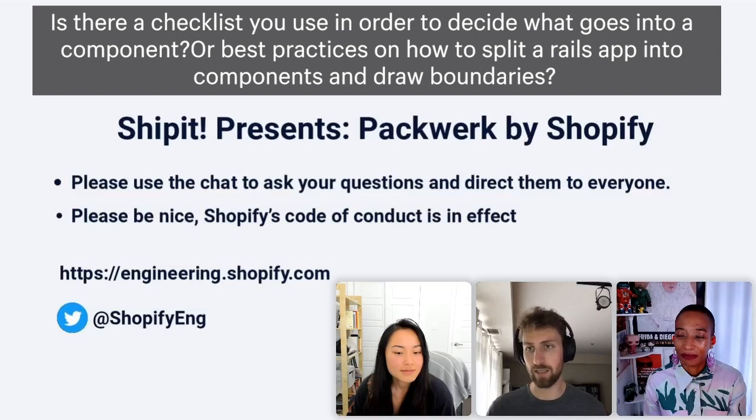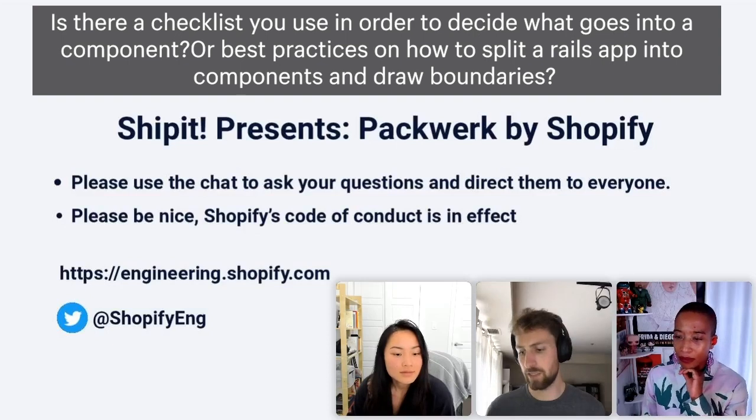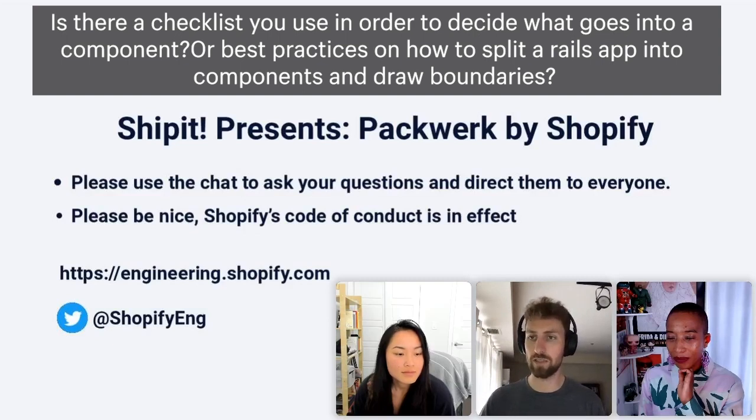For us, we had hundreds of people working on this monolith, so it was important to delineate areas of responsibility for the teams. By cutting everything into components, we could say, okay, this team owns these components, this team owns those components. I mean, we try not to interpret too much into the concept of ownership.